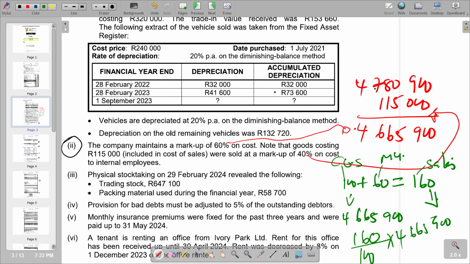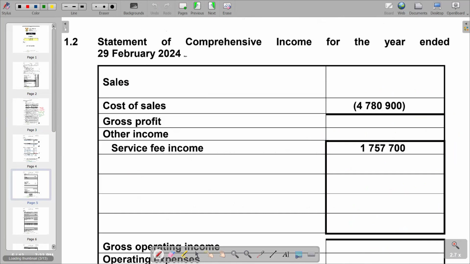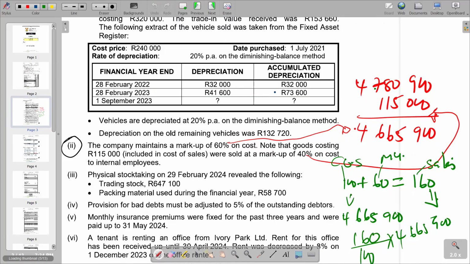So we are going to summarize that now here in our answer section, whereby we are saying 160 over 100, and then we multiply by 4,665,900.